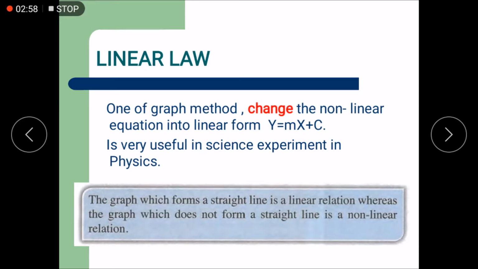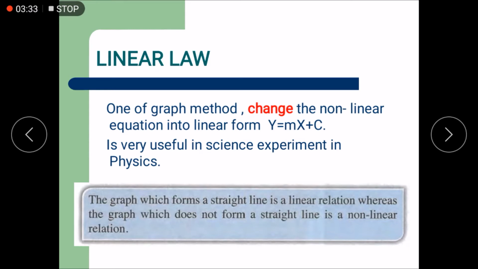It's not always the manipulated and responding variable. Sometimes we will use other than that. That means we will change the manipulated, in biology, let's say we will change the time for the reaction to the rate of reaction. So when we change from time to rate, rate is 1 over every second. Time means if we carry out every minute, or every 20 seconds, so we still divide.